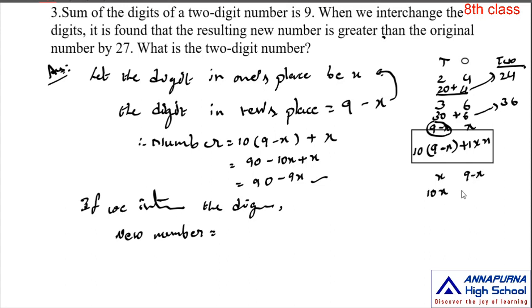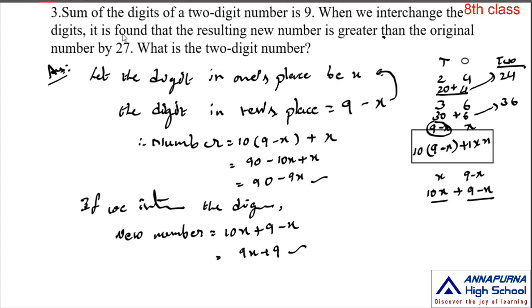The digit in ones place is 9 minus x, its place value is 9 minus x. By adding these two place values, we get the new number, 10x plus 9 minus x. Simplify this. 10x minus x, 9x plus 9. So this is the new number.